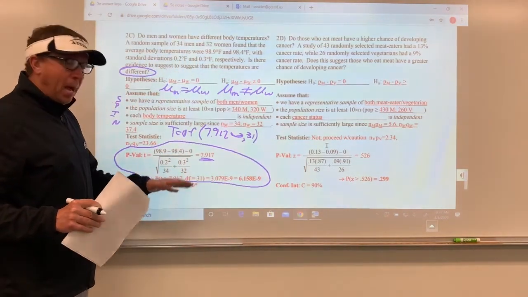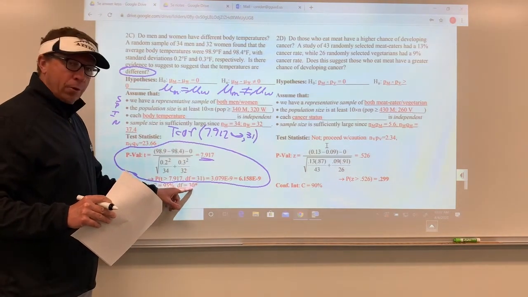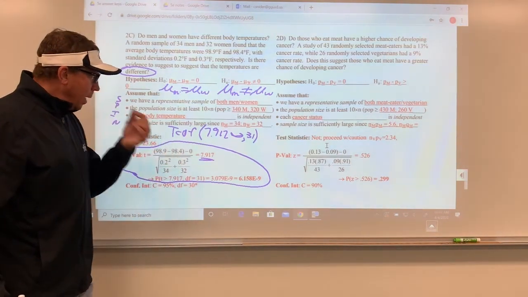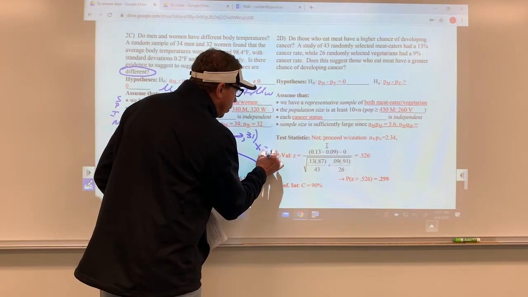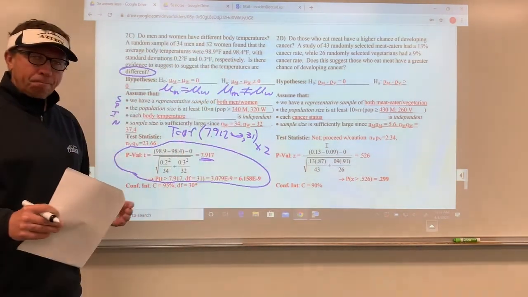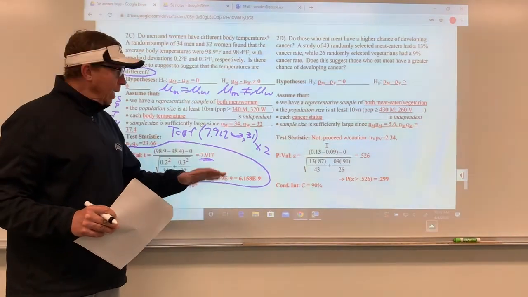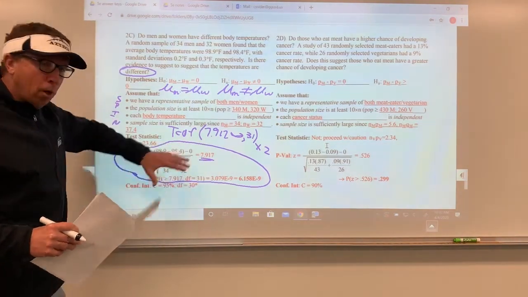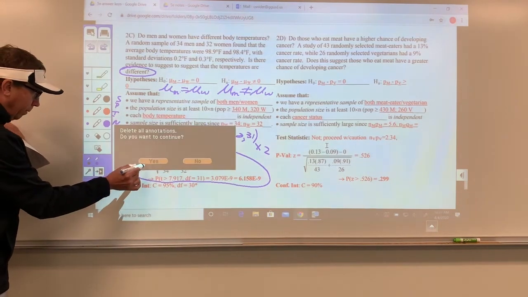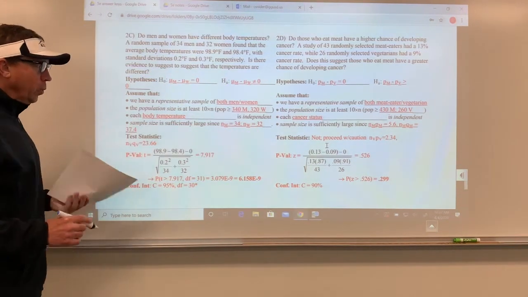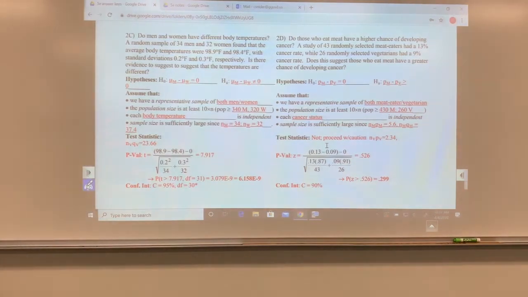If you did it by hand, the chart would have to give you 30 because it doesn't have a 31. Now, when you get that, you've got to multiply the answer by 2 because it's two-sided. But it's highly unlikely you're going to go this direction. You're probably going to do this on the calculator.